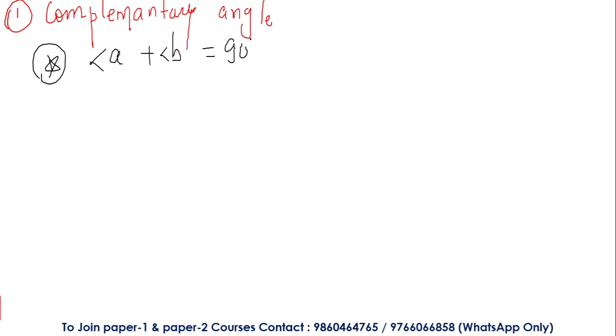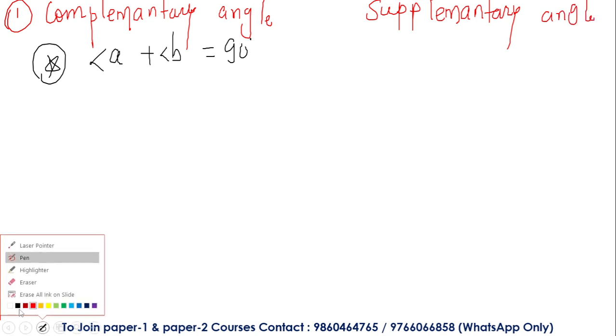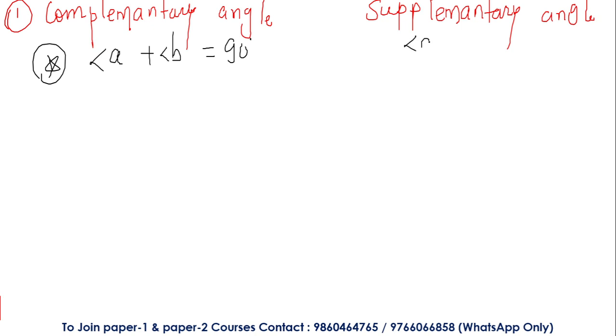And when I talk about supplementary angles, in case of supplementary angles, the summation of the two different angles is going to be 180 degrees, that is, angle A plus angle B is equal to 180 degrees.